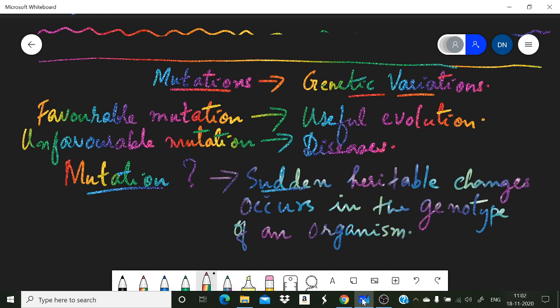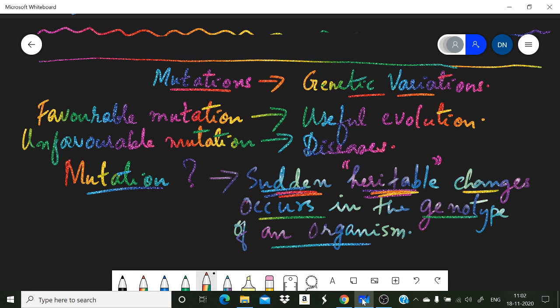It is a sudden heritable change. It can be transferred from one generation to another generation, or maybe there is a 50% possibility for that. In some types of mutations there is only a 20% possibility, or in some other types of mutation there is a 90% possibility for inheritance. So mutations are sudden heritable changes that occur in the genotype of an organism.